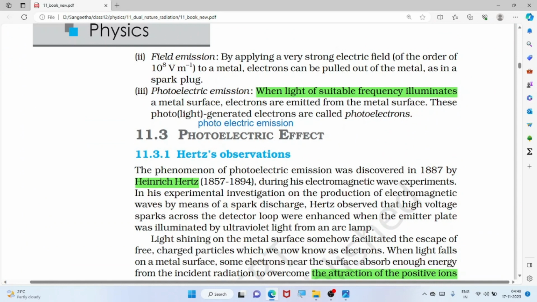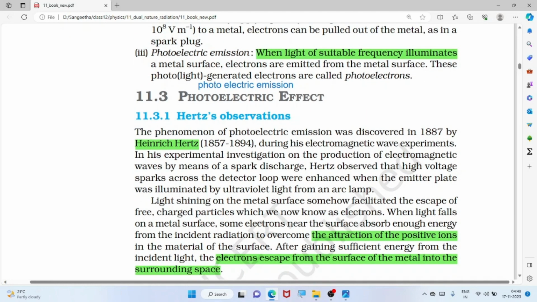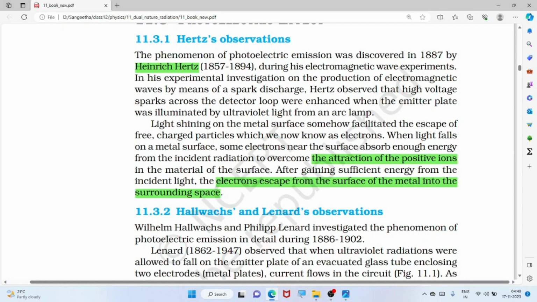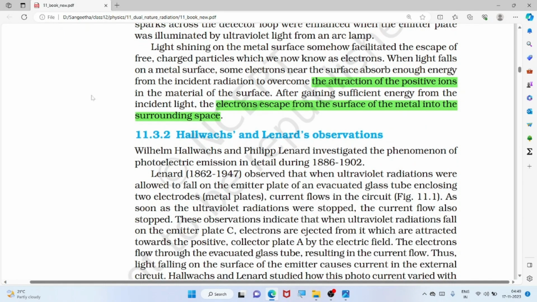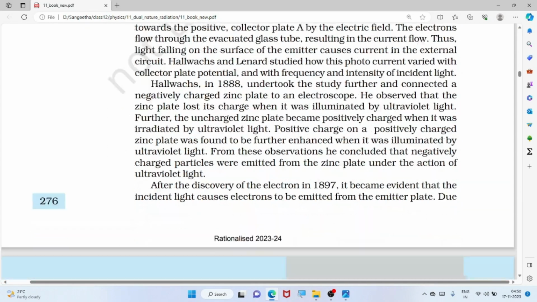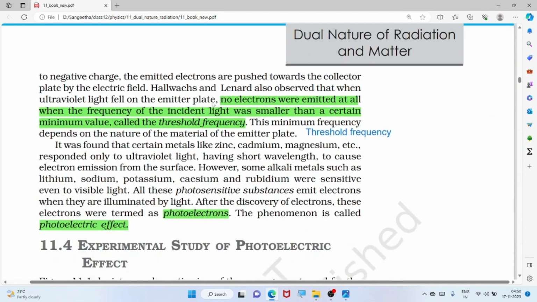This is photoelectric emission, when light of suitable frequency falls on the metal. Suitable frequency means at or above the threshold frequency; only then will photoelectric emission occur.